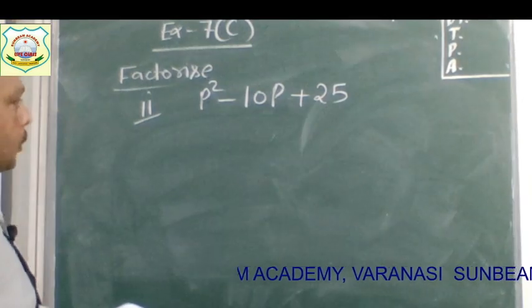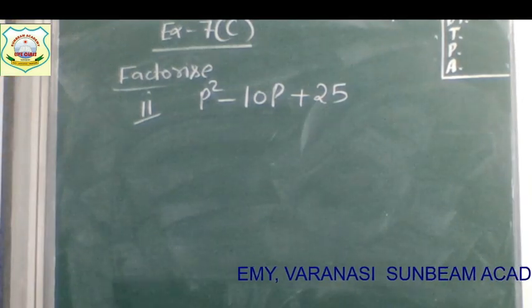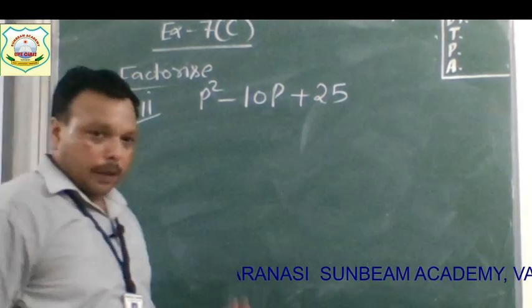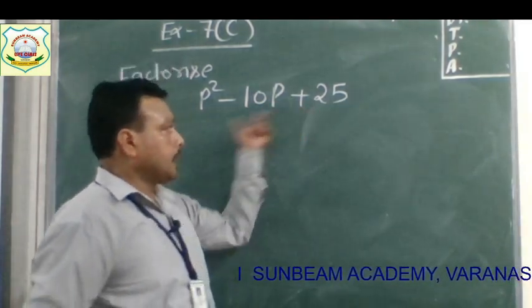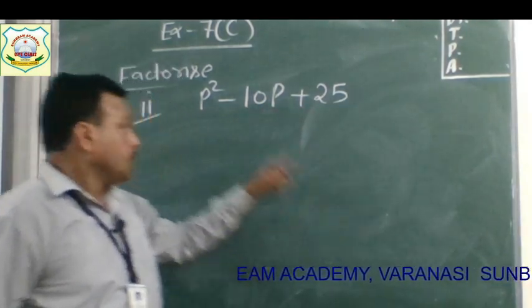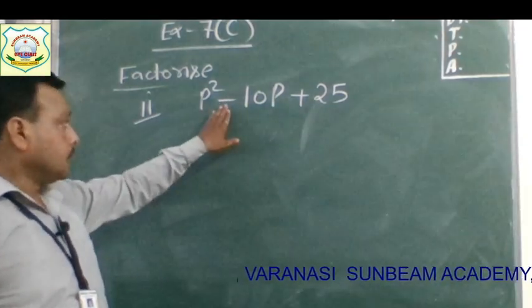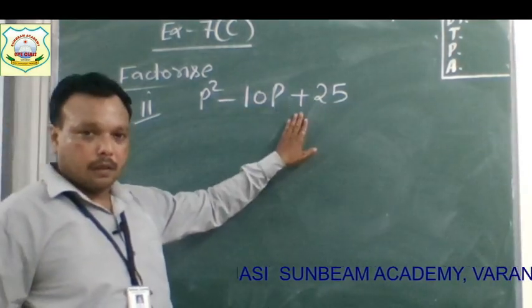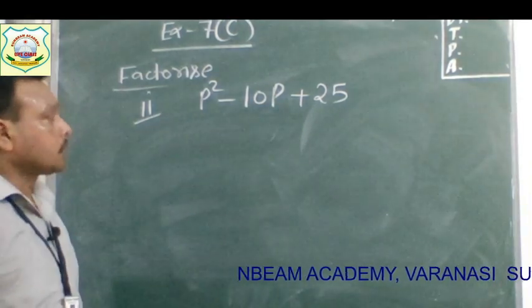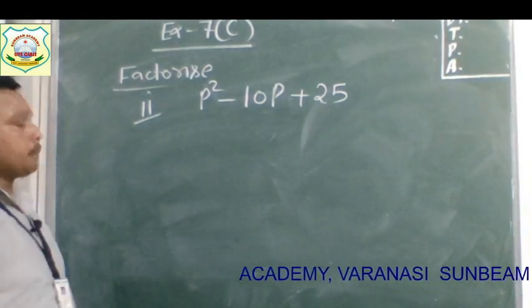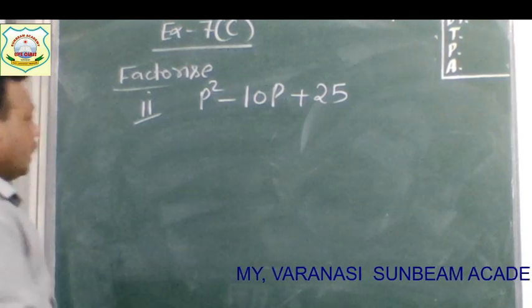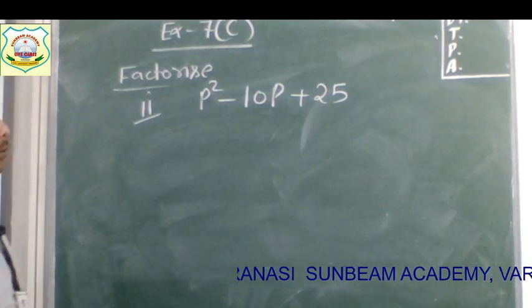So, what can we do here, students? In the previous questions, in both places we were getting the plus sign, but now in this expression, what we are getting here is a minus, but this is a plus, okay. So, now we have got the subtract sign here. So, how do we have to do it, students? p square minus 10p plus 25.